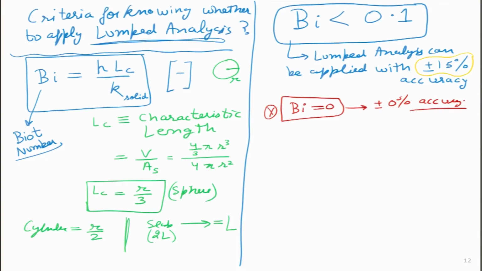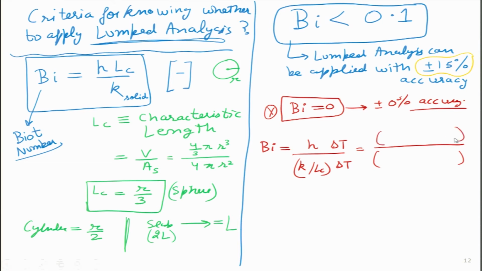Now, what is the physical significance of this Biot number? Essentially, it is a ratio of two quantities. As you can see, I can write the h L by k in this form as well. I can take L down into the denominator. So, what we are saying is, if the convection heat transfer at the surface of the system is very insignificant compared to the conduction within the body.